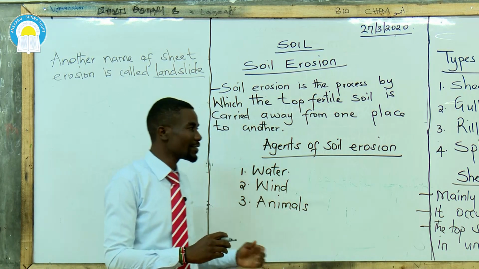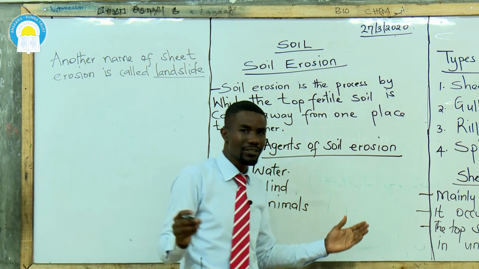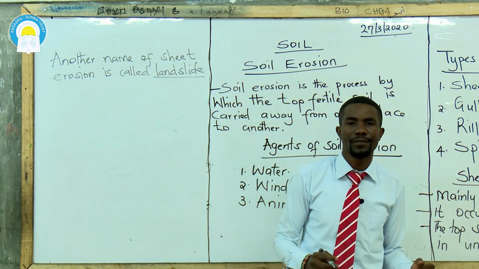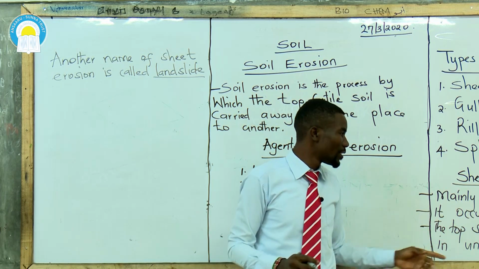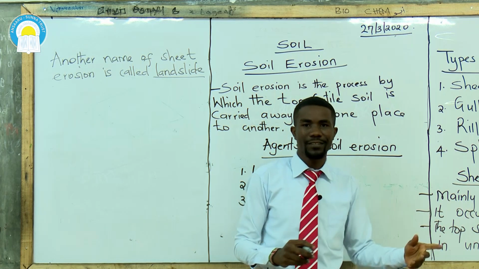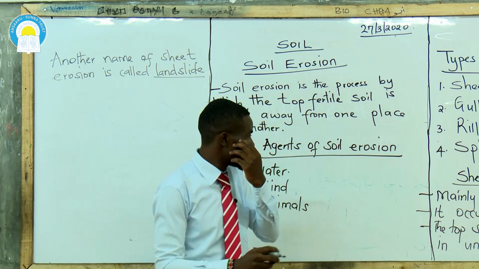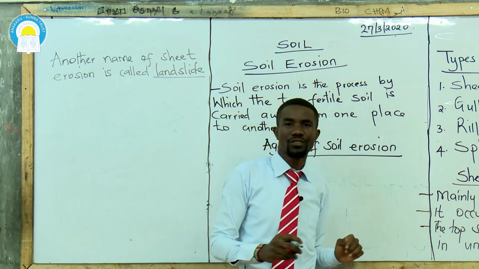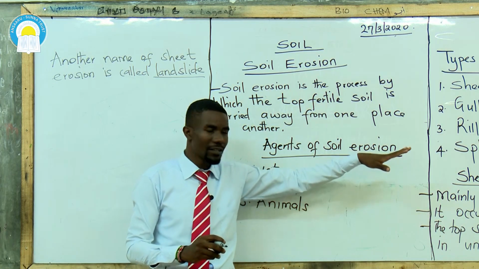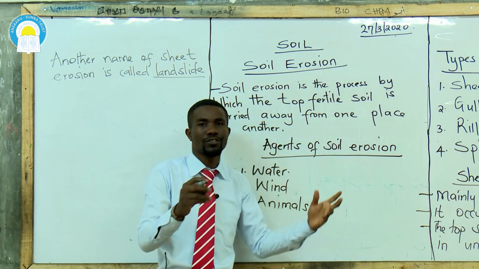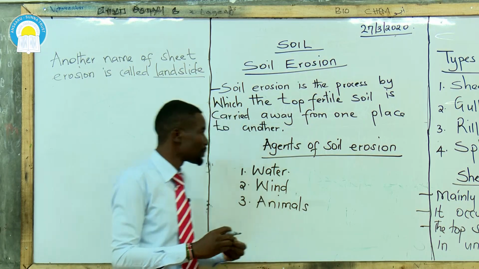It occurs in bare land with no vegetation cover, land with no grass, no plantation. In our nation here, it majorly occurs in the northern regions. The place is bare and the soil is exposed to the agents of soil erosion.